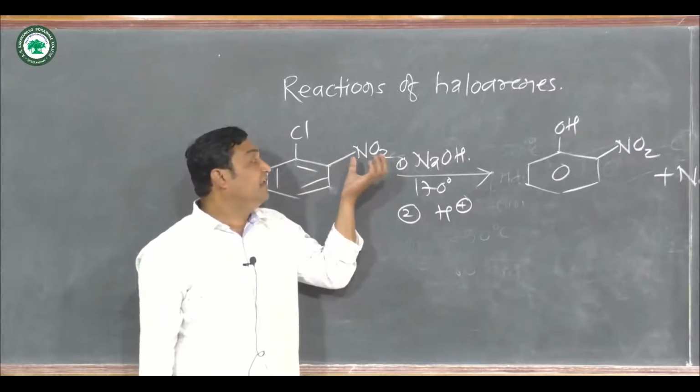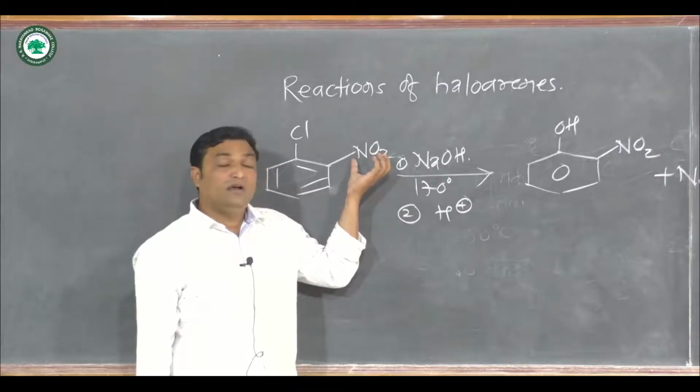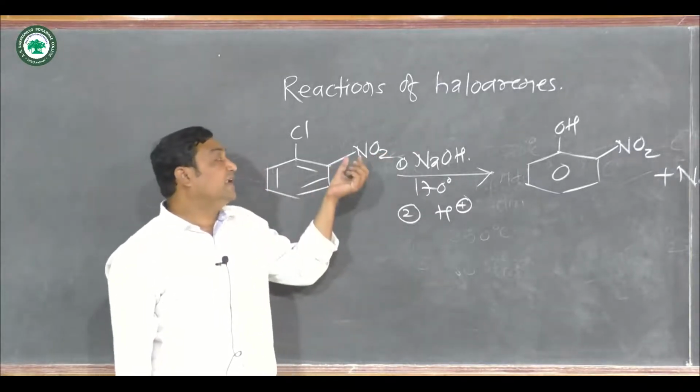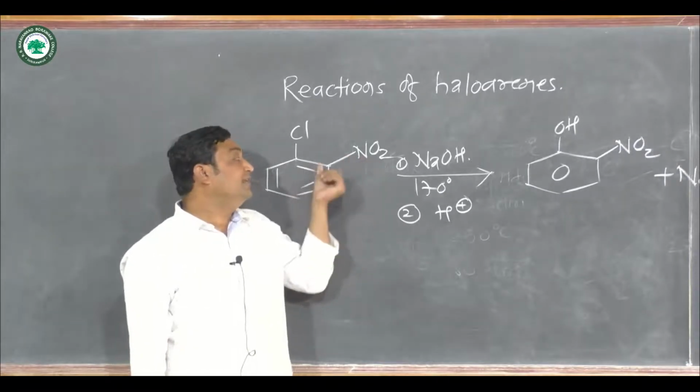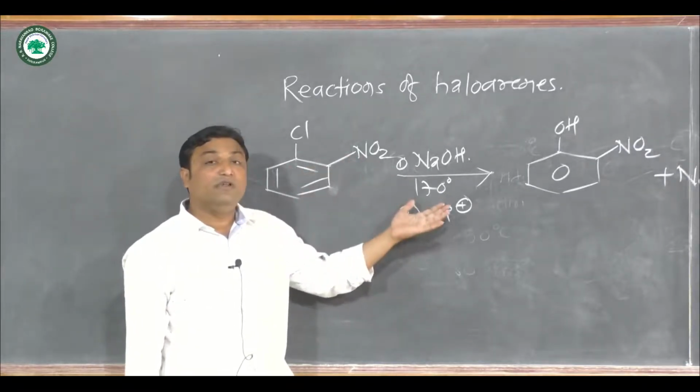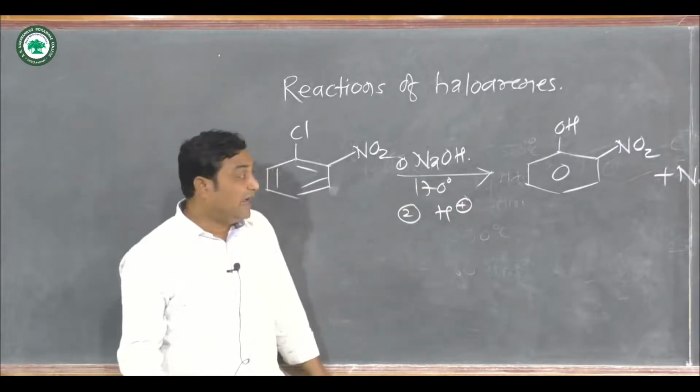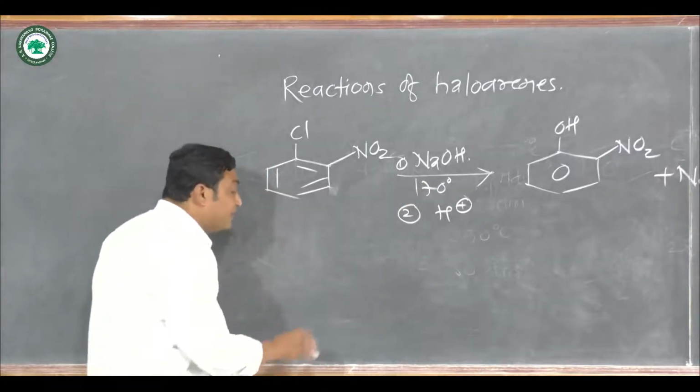Instead of this single electron withdrawing group, if we insert two electron withdrawing NO2 groups on this ring, what will happen to the condition, we have to see in our next example.